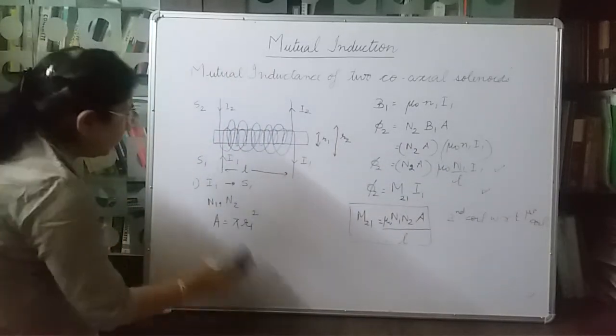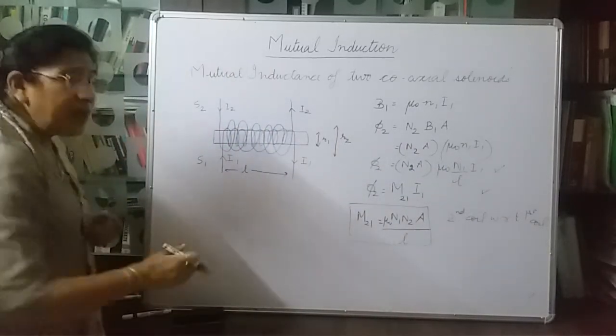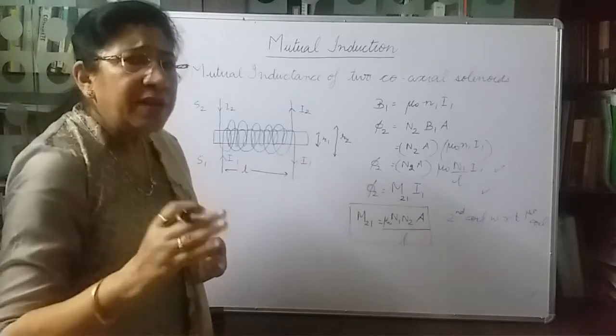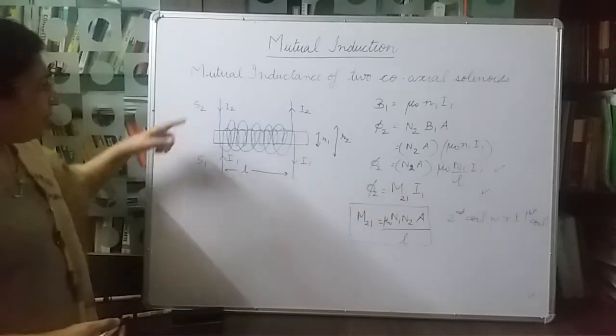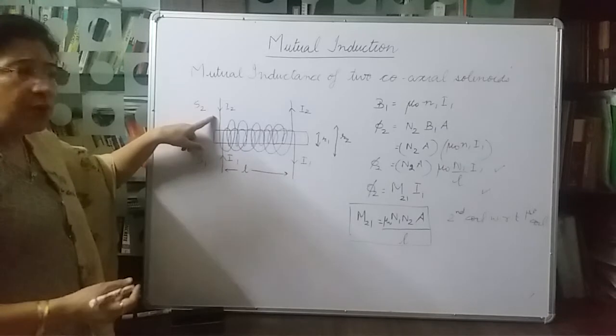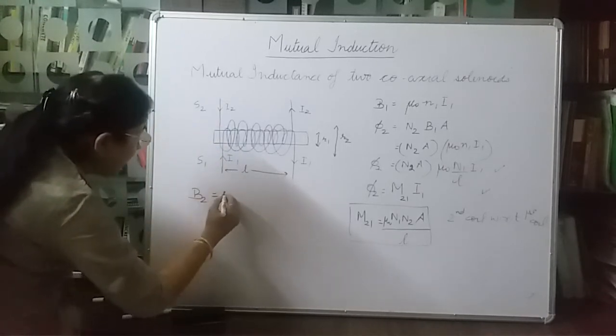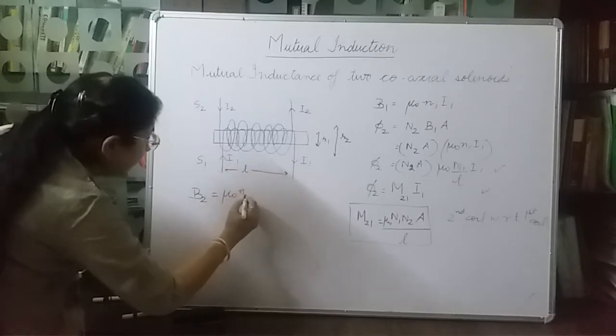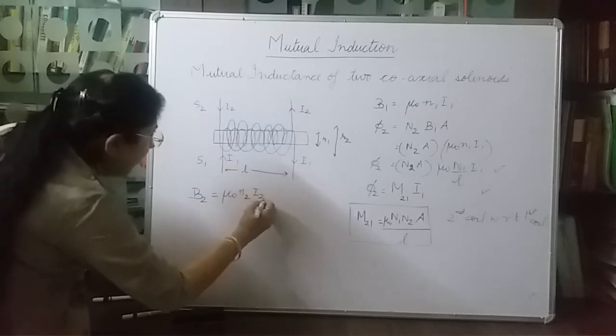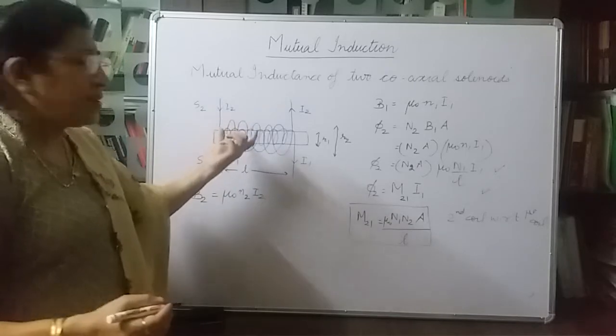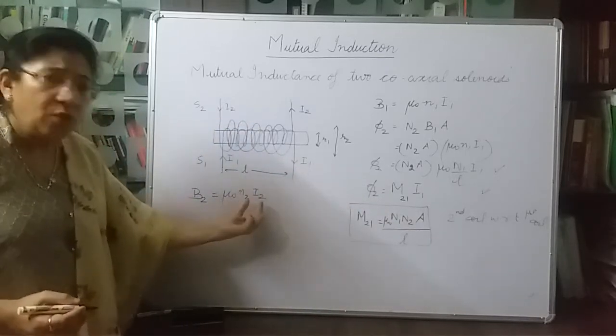Similarly, let us find the mutual inductance of the first coil with respect to the second coil. For that, we will have to consider the current I2 here. The magnetic field that is produced by the second coil would be mu naught n2 I2.